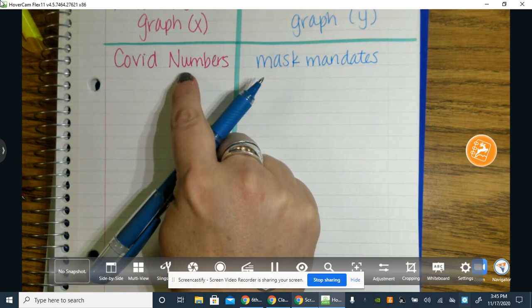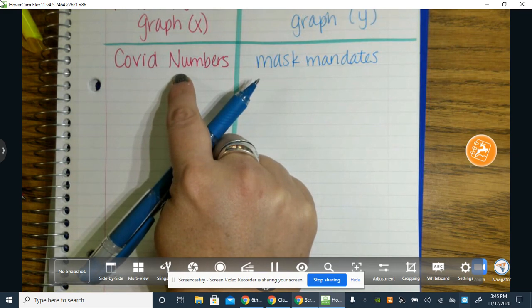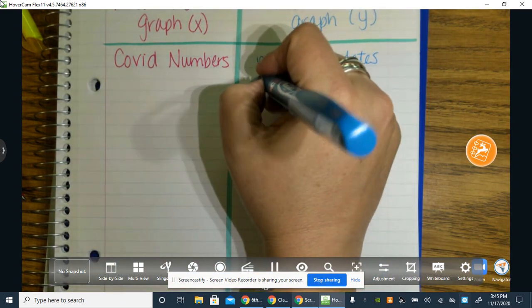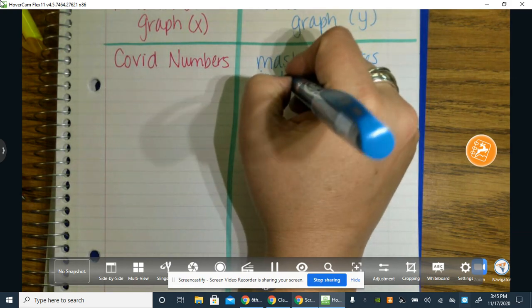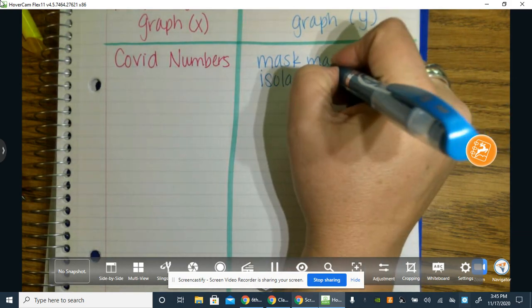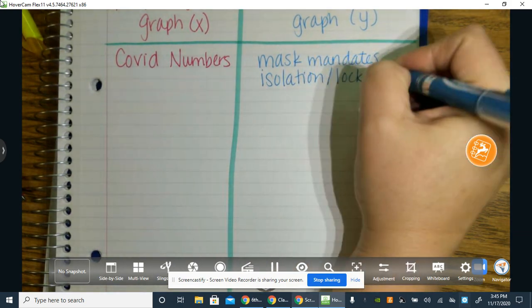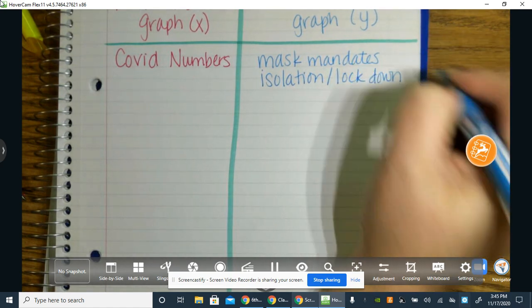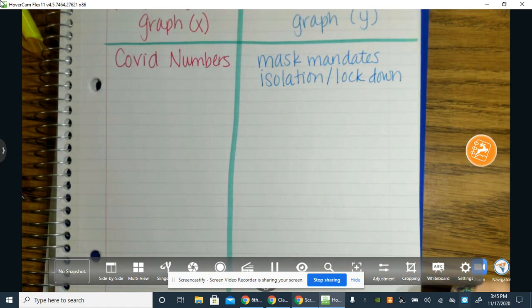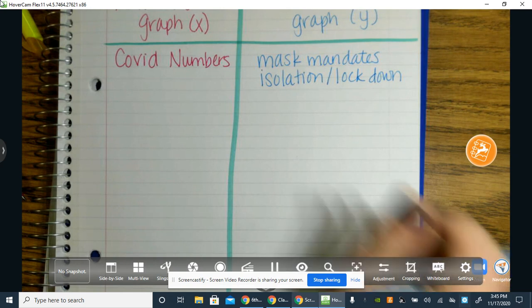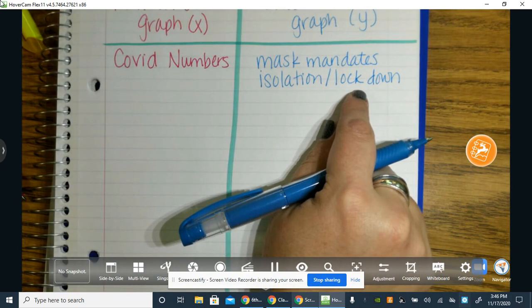Another thing, when COVID started, when the numbers started to increase, we had isolation and lockdown. Some cities were locked down. Actually, right now, some cities are locked down for 30 days. The only essentials are out, but everybody's supposed to stay at home.